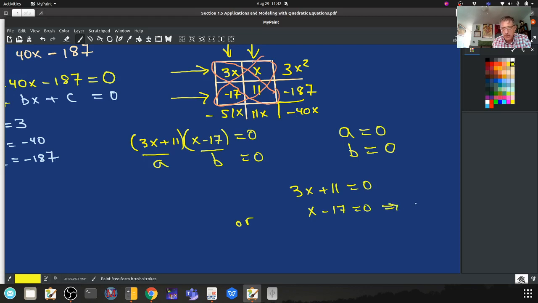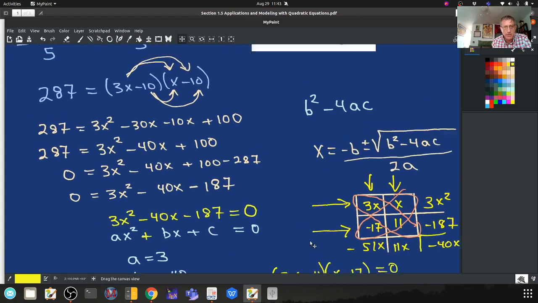The last equation gives me x is equal to 17. The first equation gives me x is equal to minus 11 thirds. And minus 11 thirds is a negative value, and that doesn't make any sense. So we accept x is equal to 17, and we're asked what are the dimensions of the original?